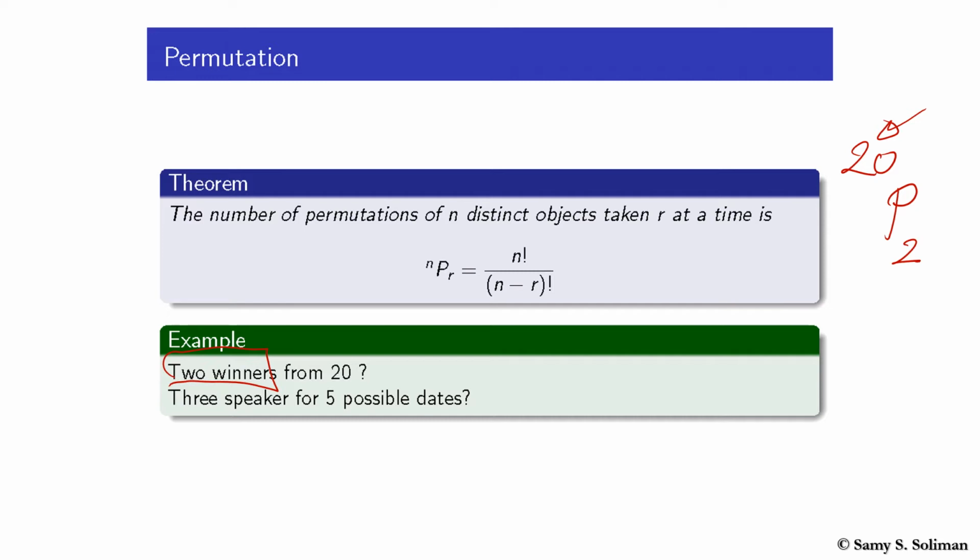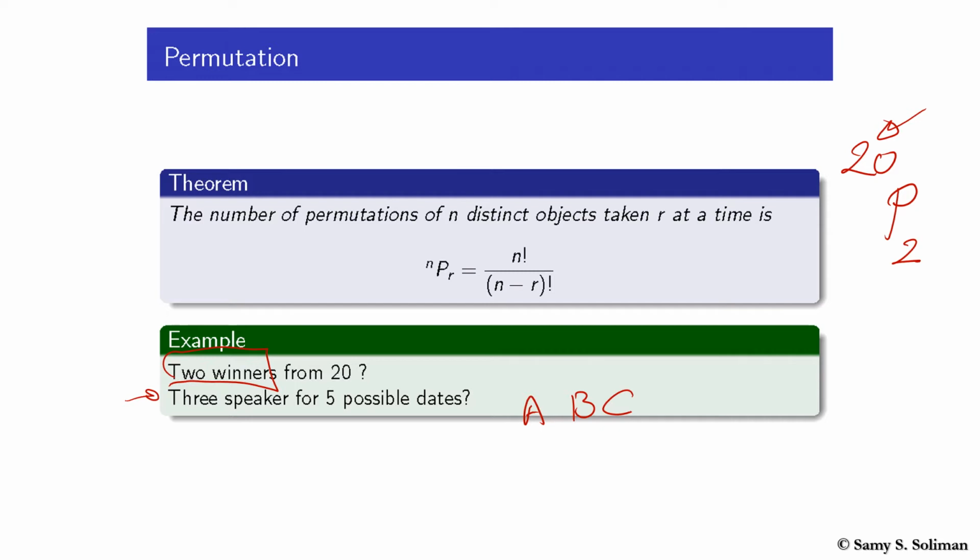Okay, and let's consider the next example where we have 5 possible dates, and for those 5 possible dates we want 3 speakers to select 3 of those possible dates. So again, here we have 3 different speakers, speaker A, speaker B, speaker C, and we have 5 different dates. So we want to choose 3 of those 5 dates.